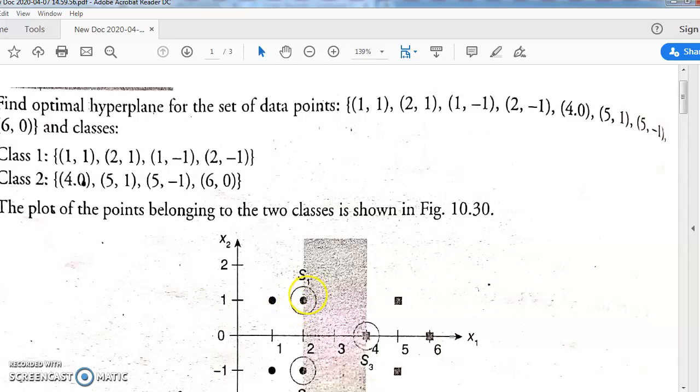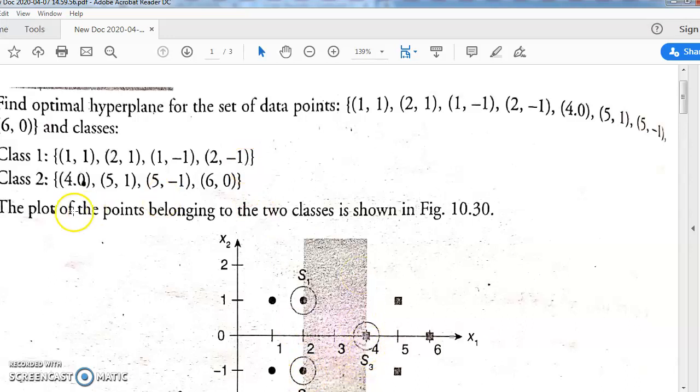So S1 belongs to which class? As right now we have assumed that S3, class 2, represents the positive class, that is +1, whereas class 1 represents the negative class, that is -1. So S1 belongs to which class? -1. Similarly S2 belongs to which class? -1. And S3 belongs to which class?